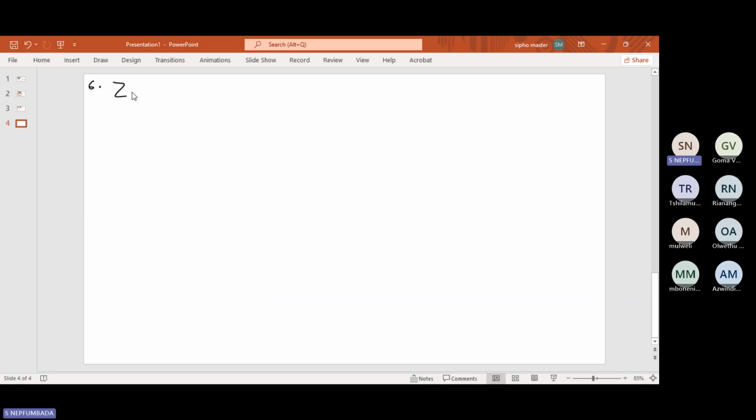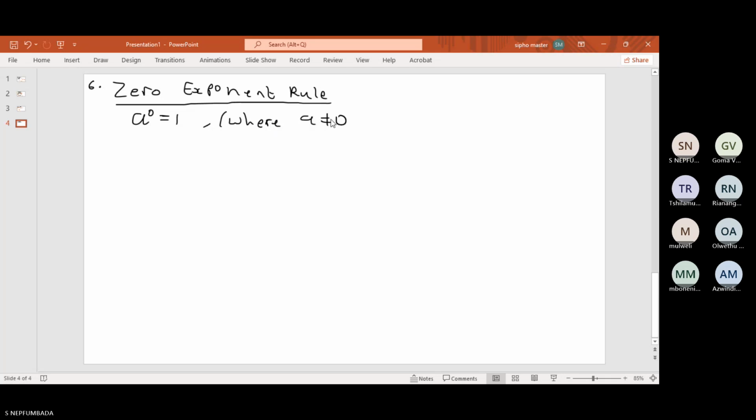Thank you. So, we have the 0 exponent rule. It says a to the power 0 is equal to 1, where a is not equal to 0.